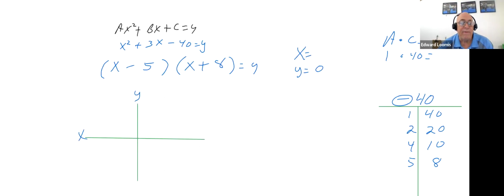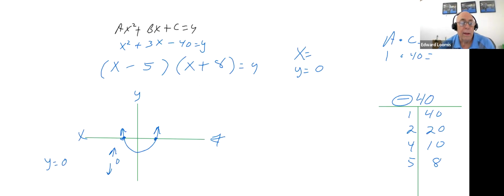And if I had a happy face, a positive parabola, and I go on this X axis right here, that means I move up or down from the X line 0 times. So that means my Y is 0 on the X axis. And that's what I'm looking for, okay?